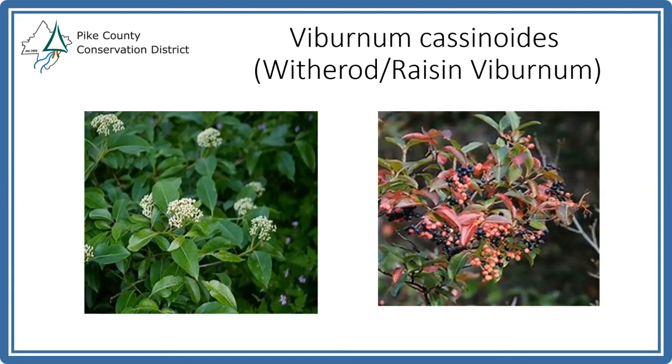They go from pink to a light blue to a dark blue, and you have all of those colors on that shrub at one time. It's really spectacular. In fact, the picture on the right-hand side was taken on a shrub on my property.